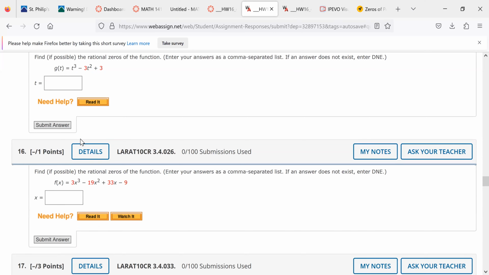That looks harder. Find the rational zeros of f of x equal to 3x cubed minus 19x squared plus 33x minus 9. Okay.